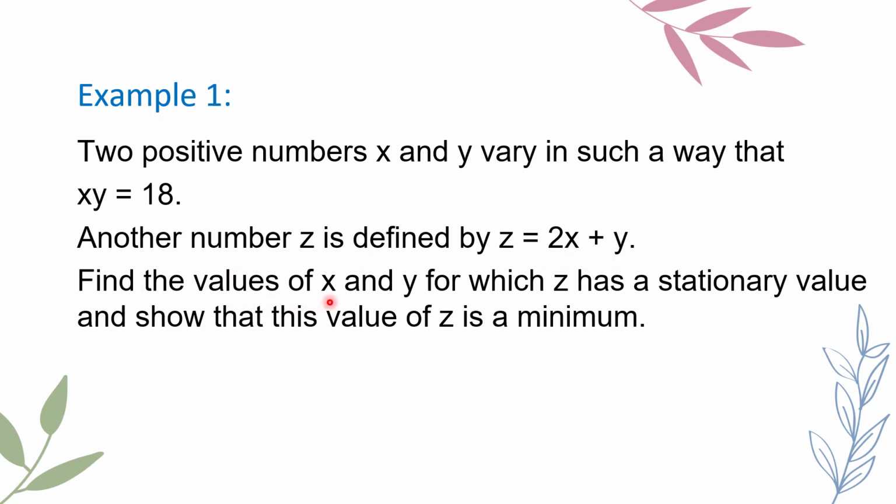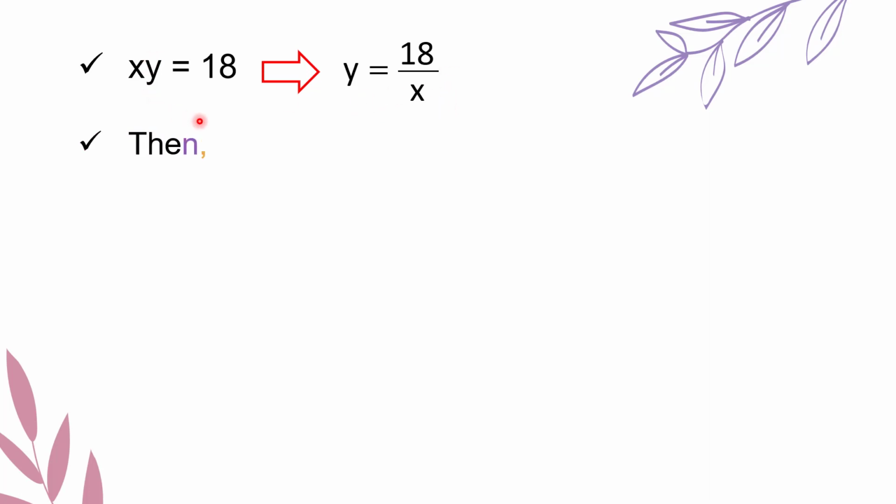Find the values of x and y for which z has a stationary value, and show that this value of z is a minimum. So we start from z, which is 2x plus y, and since it is about a stationary value, we will make z in one variable only, so we prepare the substitution of y. y is 18 over x, and this relation is already given.